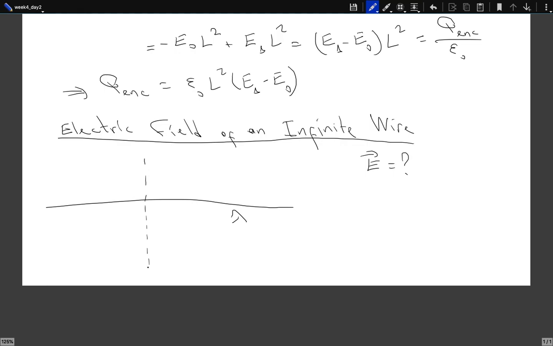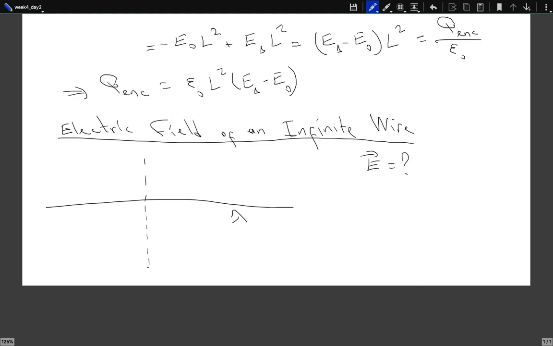I am giving you a hint, by the way. If I rotate it, nothing changes. So that should be another property of the electric field lines created by this thing. If I rotate the whole system, the electric field lines should look identical. It shouldn't change. That's another property. Well, there's one more property of the electric field.